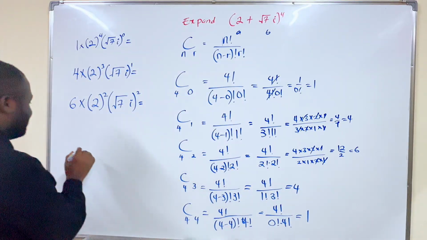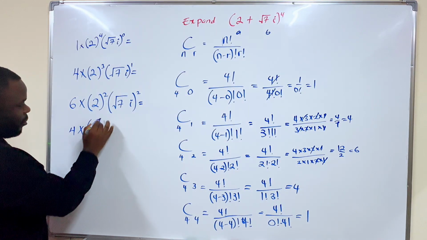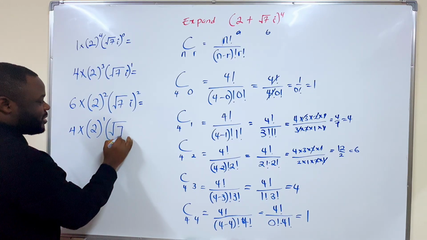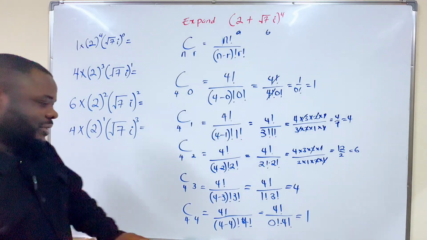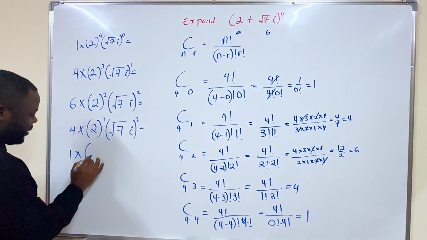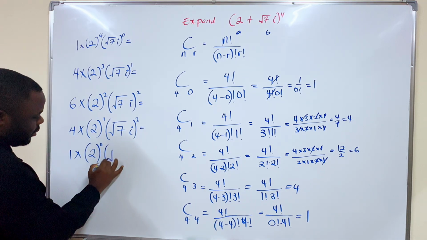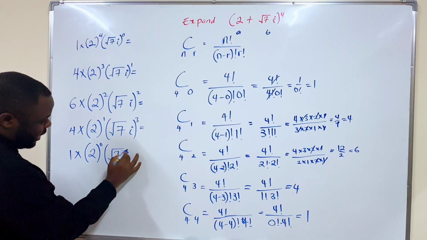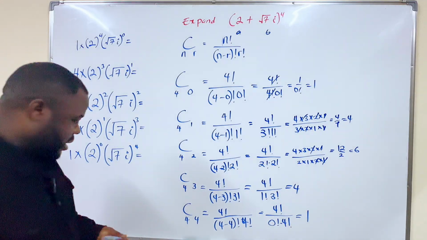So we also have 4, 4 multiplied by 2 to the power 1, then square root of 7i cubed. So we are going to write down whatever it gives us. Then the final one, which is 1, we have 1 multiplied by 2 to the power 0 multiplied by 7i to the power 4. So whatever it gives us is our answer.